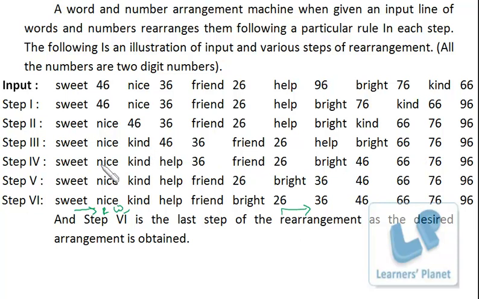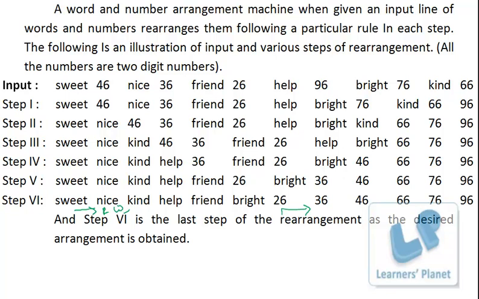Next is step 4, the 4th number has come to the right place, 36, then friend, 26. Now number 46 has taken its place, so further 2 changes are there. In the last step both the numbers have taken the correct position. So in each and every step the word as well as the number is taking its correct position.